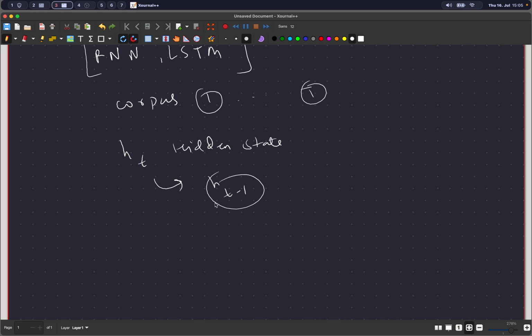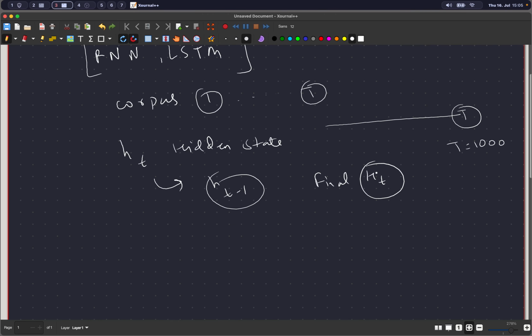So when we reach the end of the sentence, right, the final HT, the final hidden state, it is supposed to have the meaning of the entire sentence in its vector. So if you have a sentence of, let's say, T can be something like 1,000 or something, we will be traveling like this.